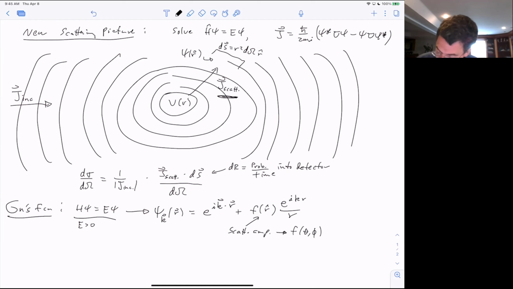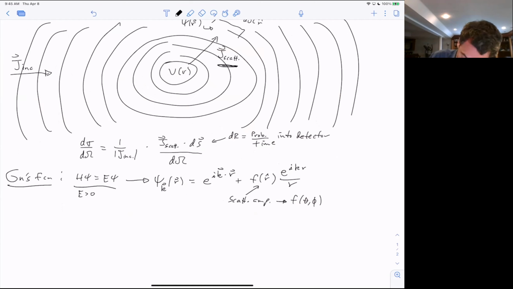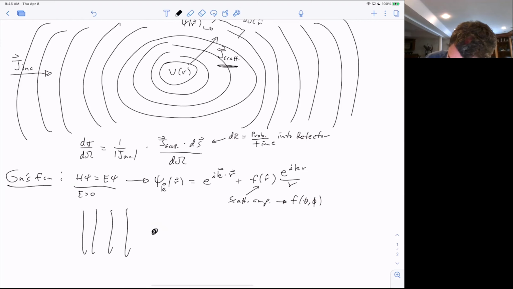Okay, and that's very important because it tells us that the wave function for a scattered wave always looks like this. I have my scatterer, and then I have my wave, that's my incident wave, and then I have my scattered wave.